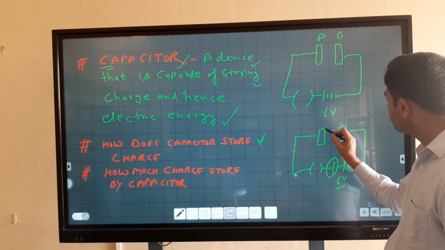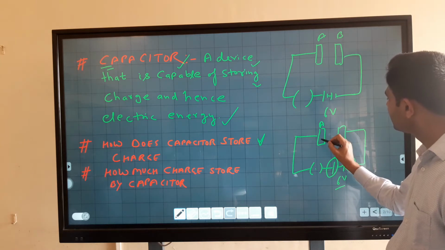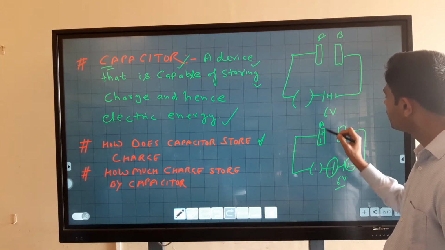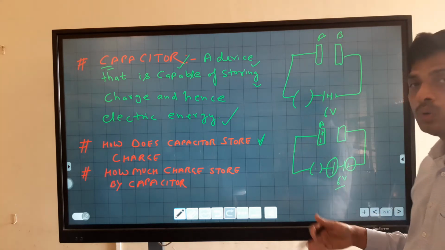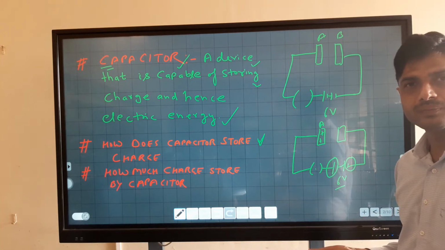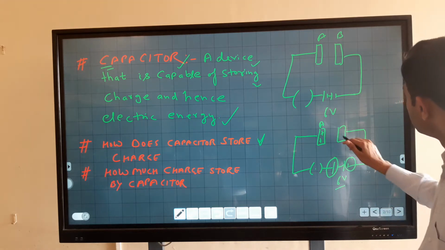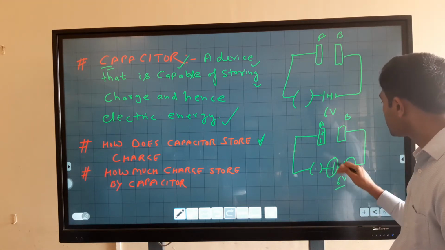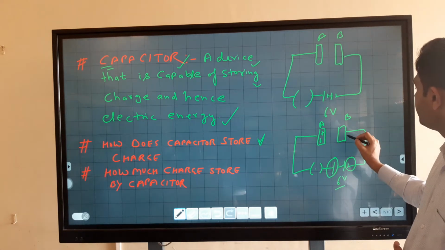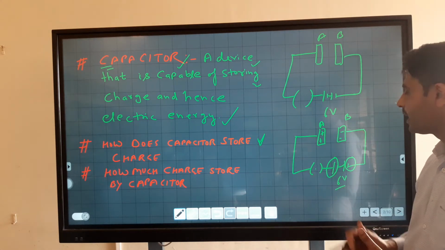So plate A starts to get positive charge because it starts to lose electrons, and this is plate B. By induction, plate B starts to get negative charge.